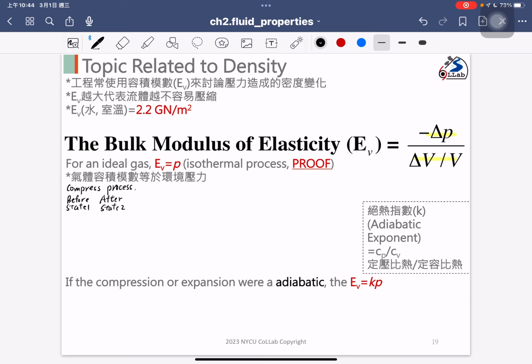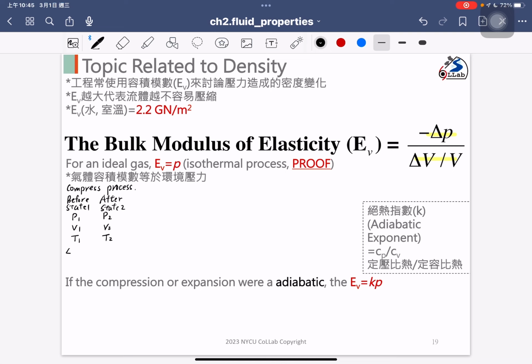Then we will have the pressure, because for a state we should provide certain physical property values for our system conditions. So we have P1, the pressure before the compress, V1, the volume, and a temperature T1. For state 2, I use the symbols P2, V2, and T2. What is the pressure difference?